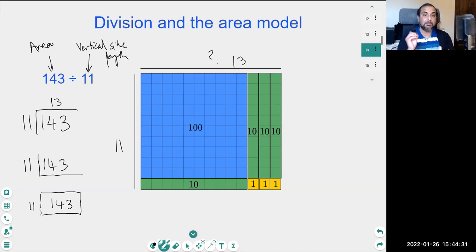So the division symbol itself is the area model. It's emulating the area model, saying this is 11 and this is 143 in area, and this quotient, the answer, is producing an 11 by 3, 11 times 3 rectangle, 143. So the very symbol comes from division, from the area model itself.